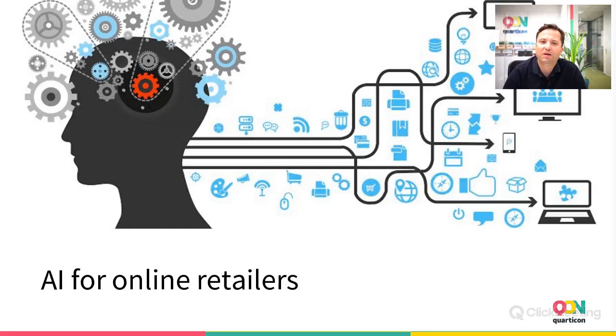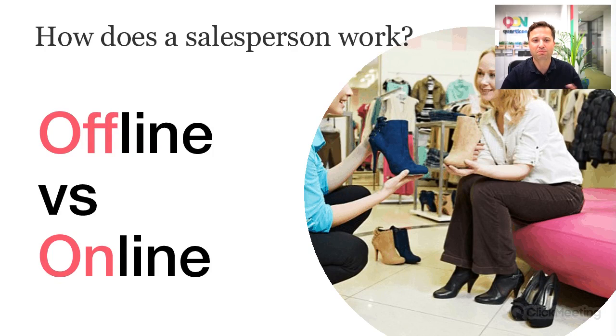So what we like at QuarticOn is how we cope with AI, how we use AI for e-commerce. First of all, we need to make a comparison and find out the ideal salesperson, to compare online with offline, and how the ideal salesperson behaves offline.